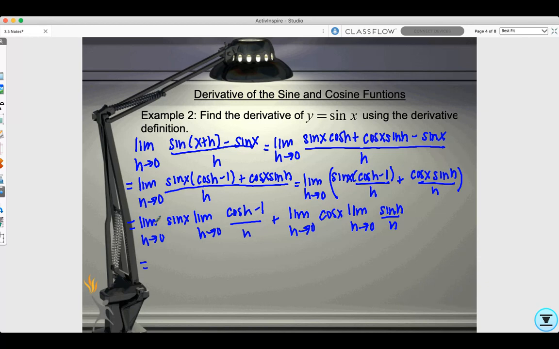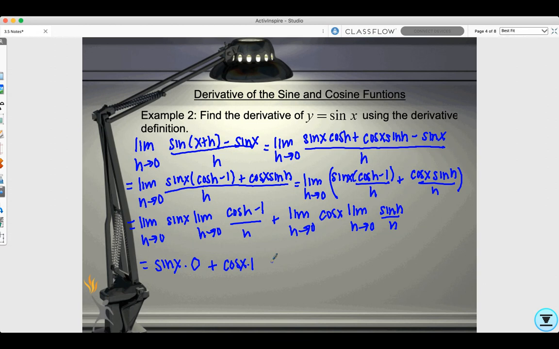We know the limit as h approaches 0 of sine x is just sine x. The limit as h approaches 0 of cosine h minus 1 over h from our first example we know is 0. Then I have plus the limit as h approaches 0 of cosine x is cosine x. And we know from previous lessons that the limit as h approaches 0 of sine h over h is 1.